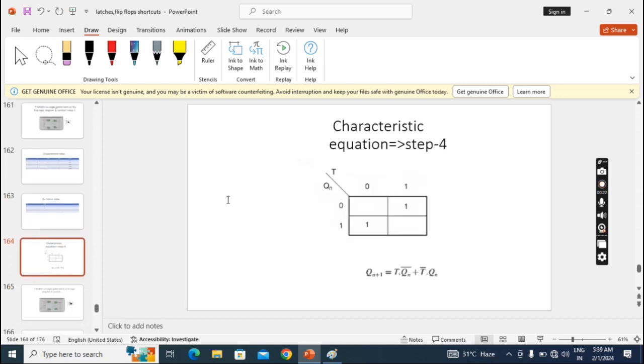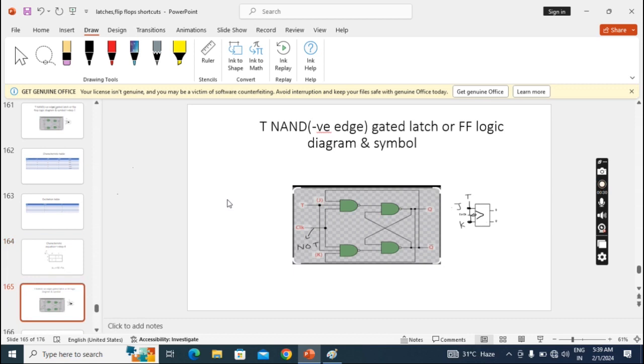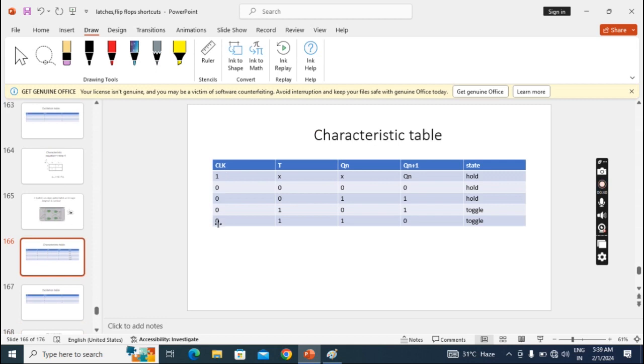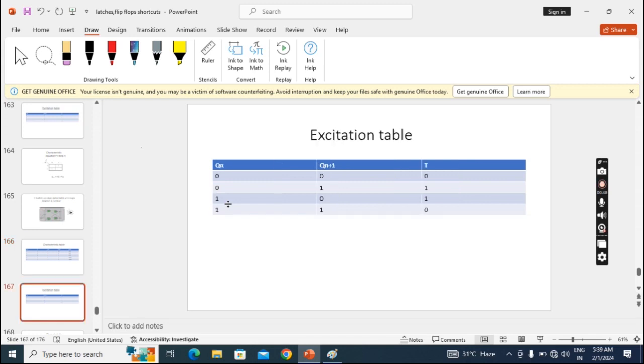Excitation table and characteristic equation are the same as the latch. Now with negative edge, here a NOT gate, and the circle and triangle symbol will come. So here the clock values work with edges, but in a latch it works with levels, remaining everything same.